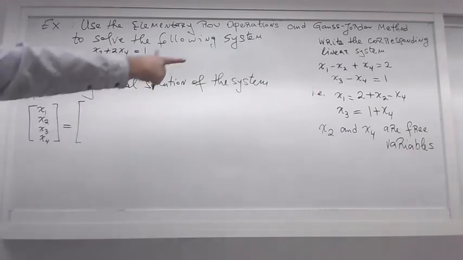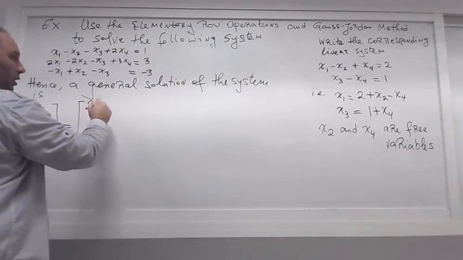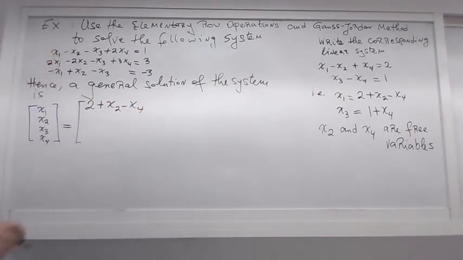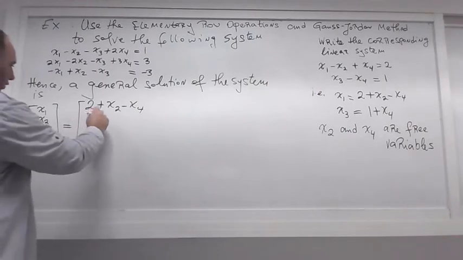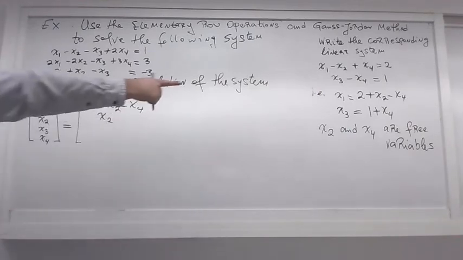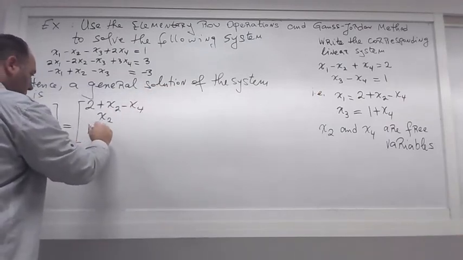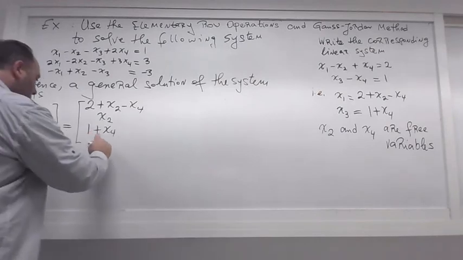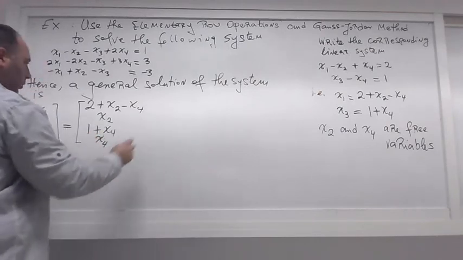So x1 is that expression over there, 2 plus x2 minus x4. x2, well, x2 is free variable, we keep writing x2. x3, well, there is an expression for x3, 1 plus x4. And x4 is free variable, we keep writing x4.